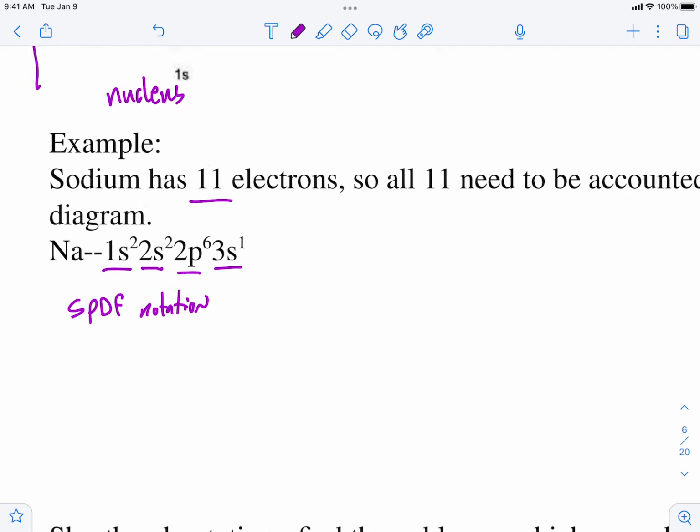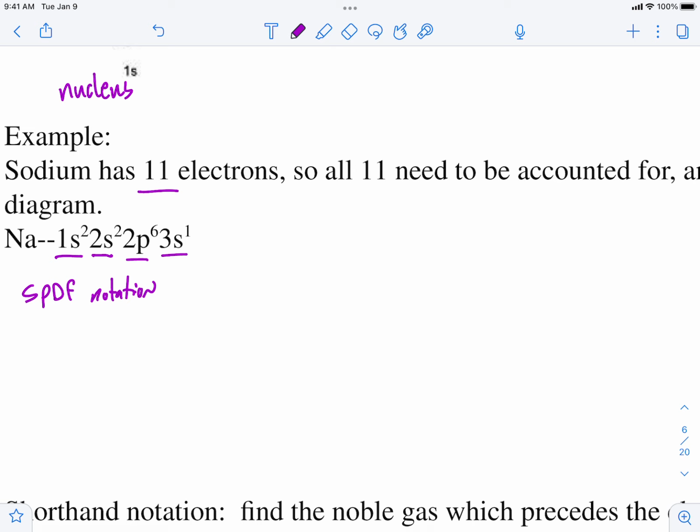So, before we move on, we need to make sure that we're able to do this, so let's pick another element. Let's say sulfur. How many electrons does sulfur have? 16. All right, so we go in order. 1s and then a 2. 2s and then a 2. 2p and then a 6.